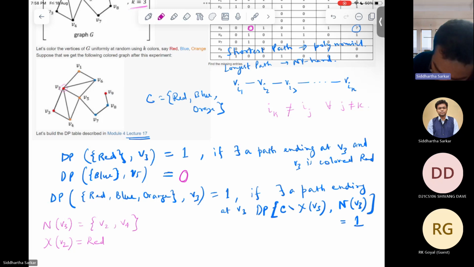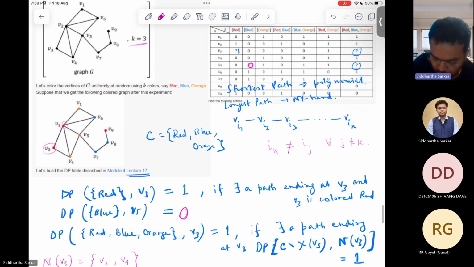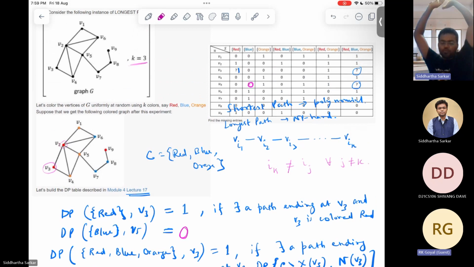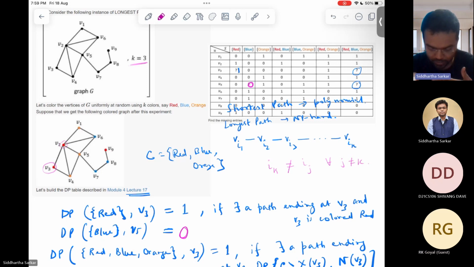See, once you have decided that V3 is red, then you are asking whether there exists a path of total size 3. We are interested in the longest path problem, finding a path where every vertex gets a distinct color. Now V3 itself has got red.